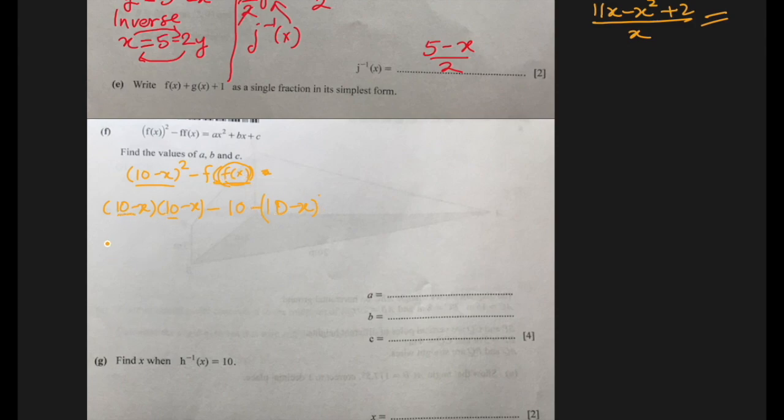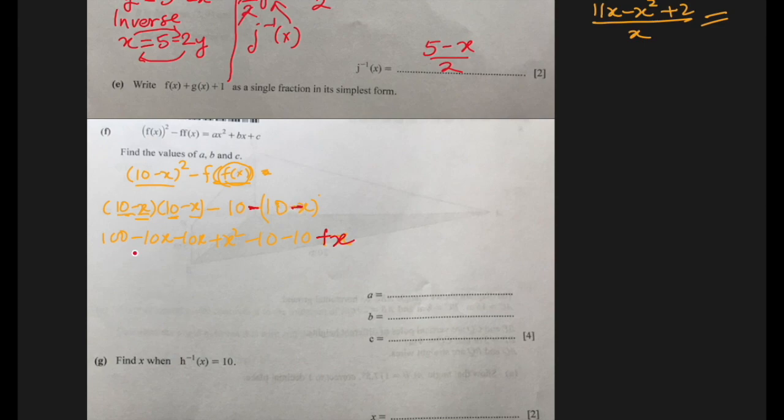So 10 times 10 is 100. 10 times minus x, minus x times 10, minus x times minus x, minus 10 plus x. Plus x, because this is negative, it will become plus x.